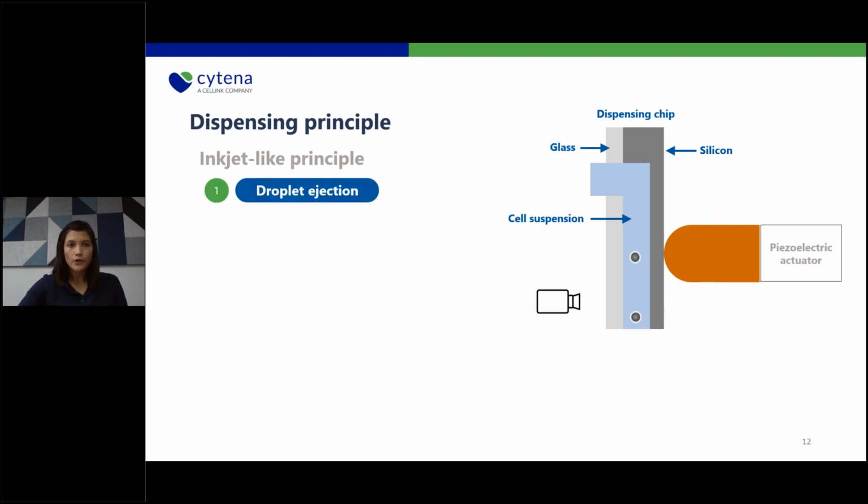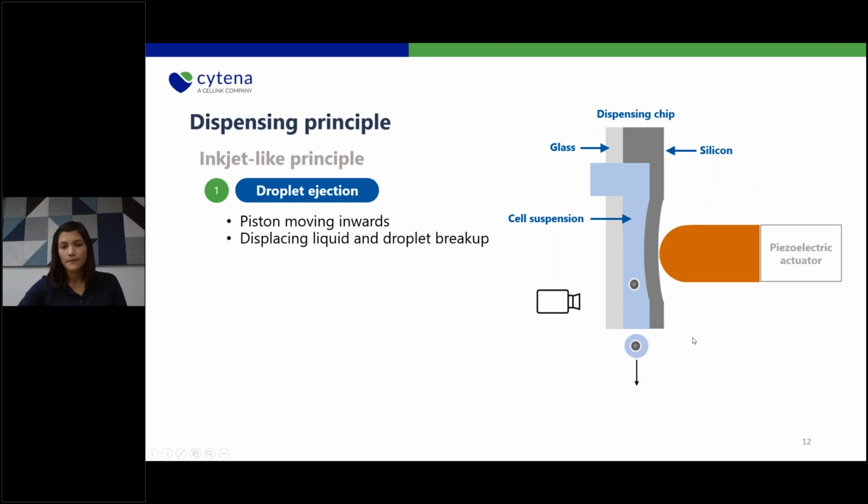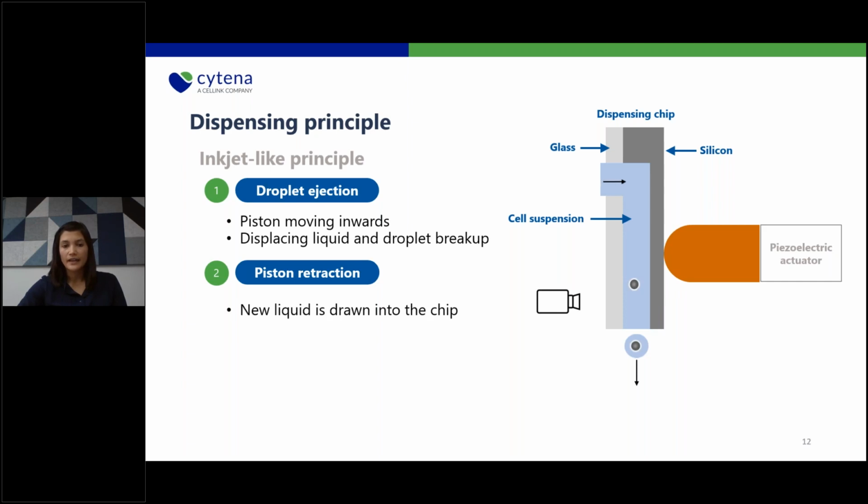Droplet ejection actually is caused by the piston moving inwards and deflecting the silicon membrane. And then a droplet is formed and there is droplet breakup. Then by piston retraction, new liquid is coming into the chip.